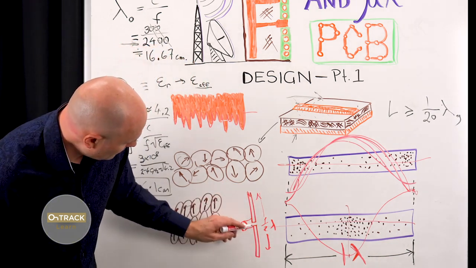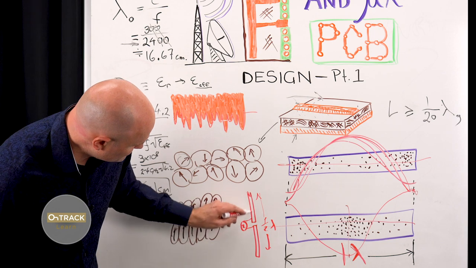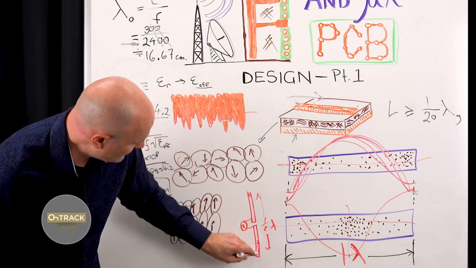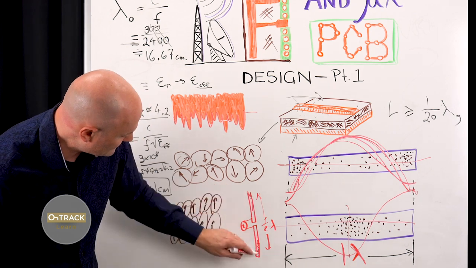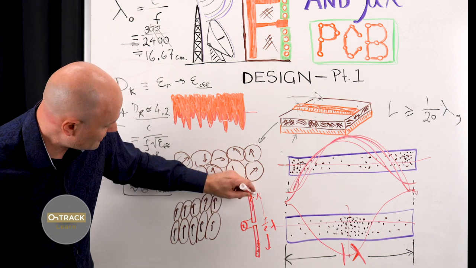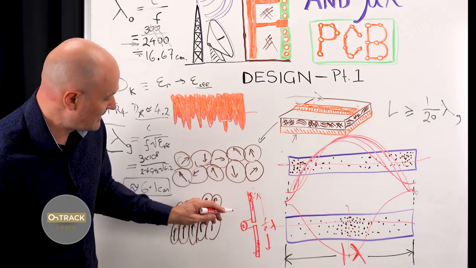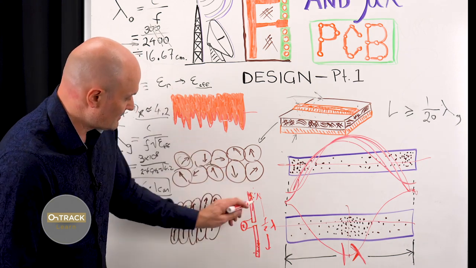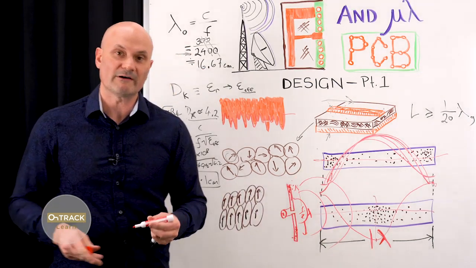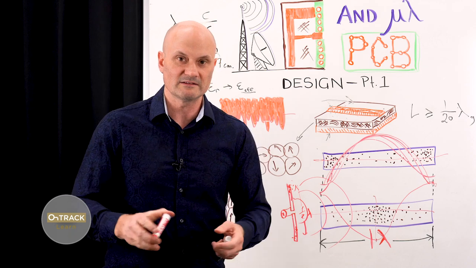So at one instant, this voltage source pushes all the charge down to one end, and it's very negative here and very positive here, and then it reverses and pushes all the charge back, so it's very negative here and then very positive here, and that gives rise to propagation away from that. And this is how antennas are built. This is how antennas work.